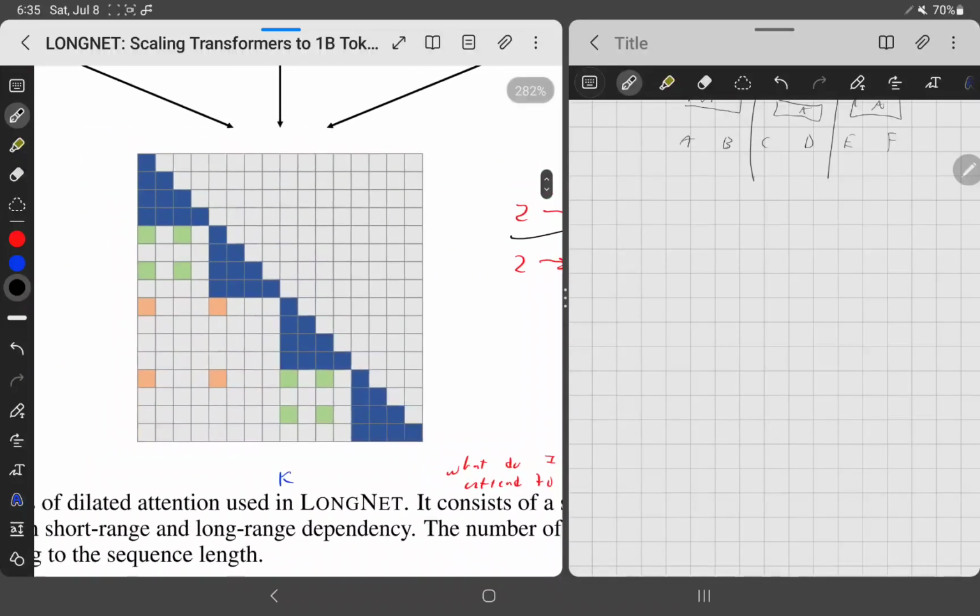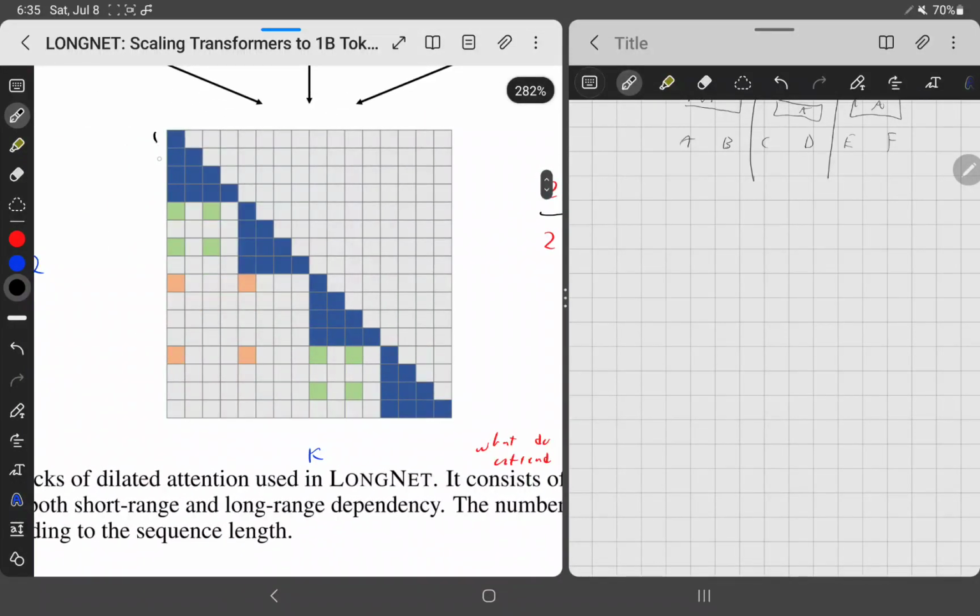So let's just do 2 to 4. Say we go from token 2 and we want to get to token 4. 1, 2, 3, 4. So how many layers will it take to do that? Well, token 2 can directly attend to token 4. So that's 1 layer.